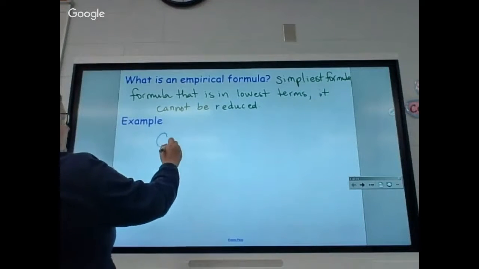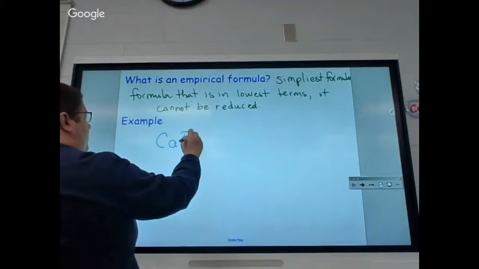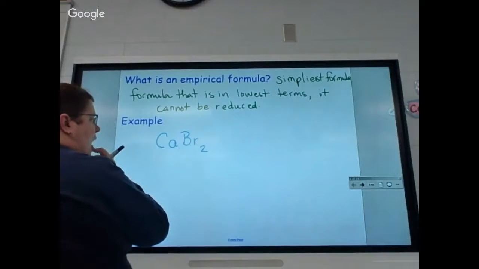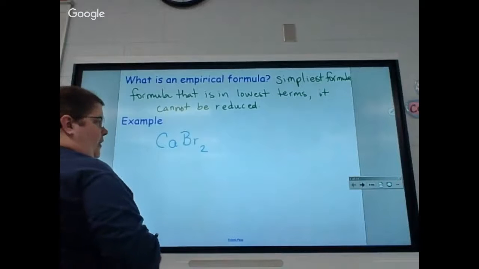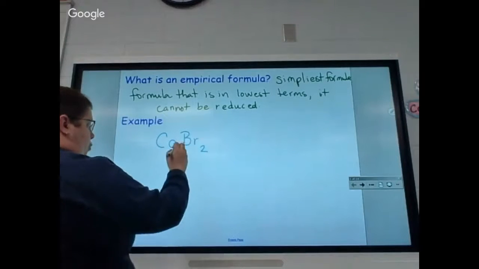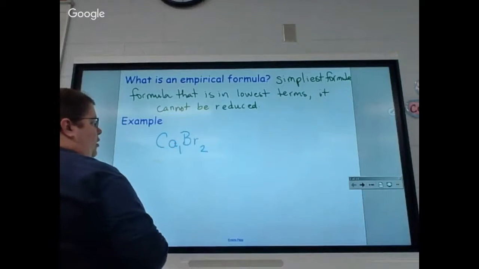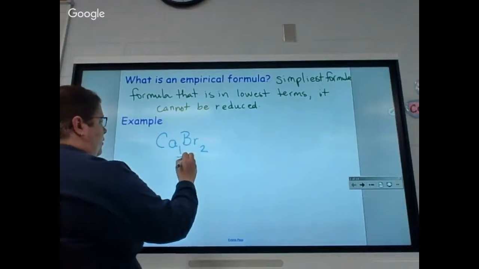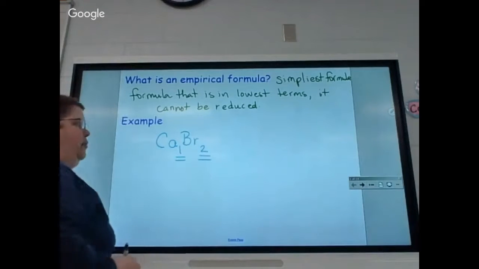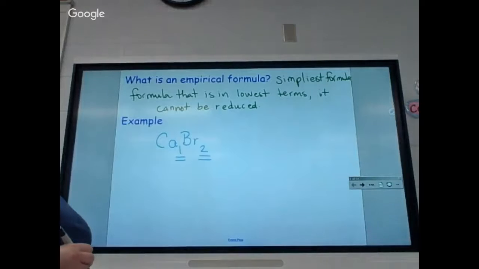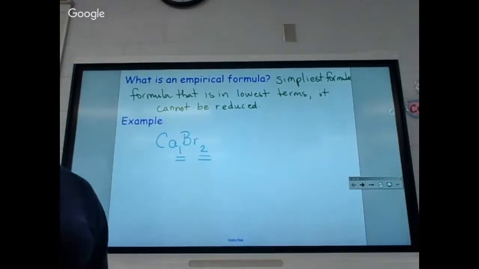So if we have something like CaBr2, how many Ca's are there? 1. How many Br's are there? 2. They are in lowest terms. It is an empirical formula.